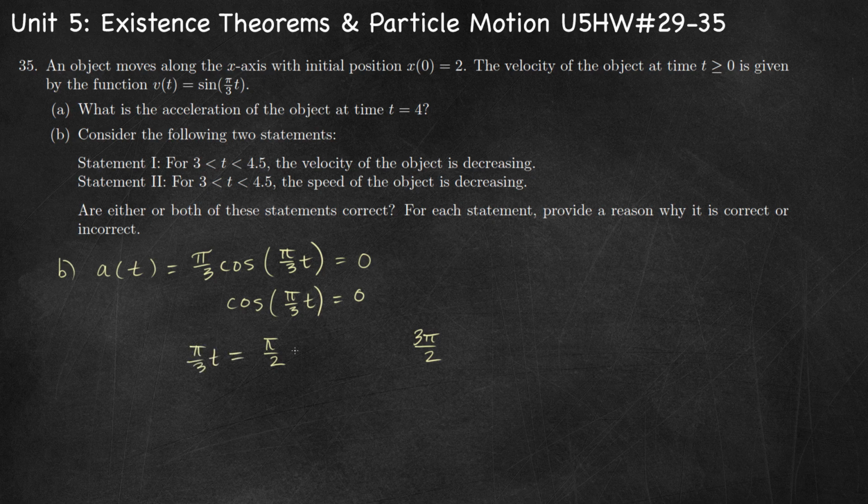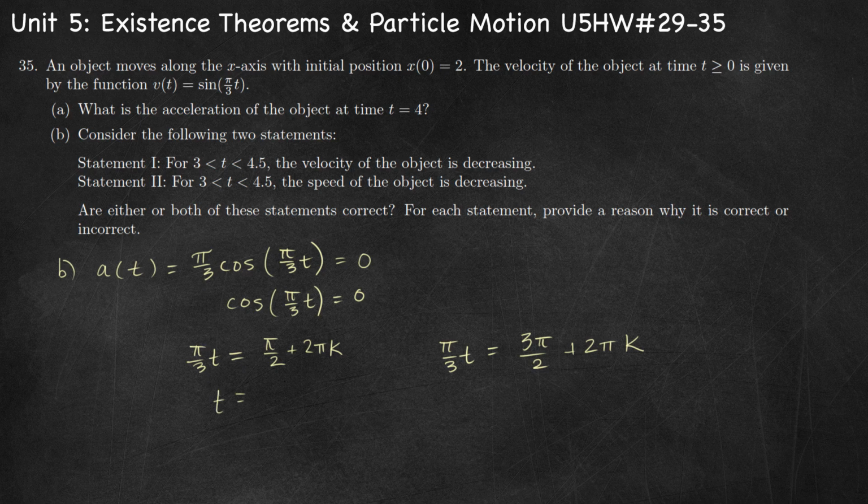So if that's equal to pi over 2 plus 2 pi k, or if that angle is equal to 3 pi over 2 plus 2 pi k, then my acceleration will be 0. And let's solve for t by multiplying both sides by 3 over pi.